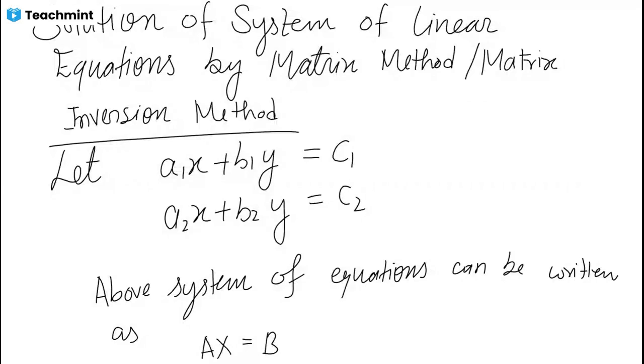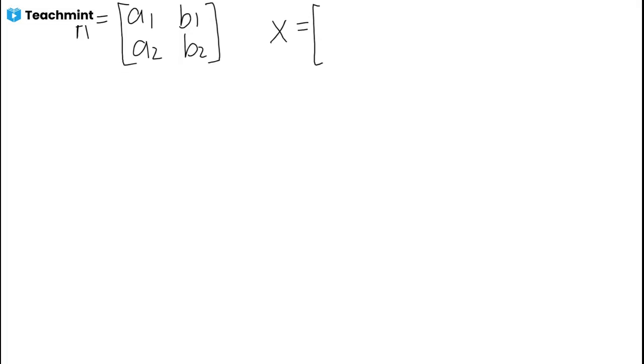The matrix X contains the unknown variables x and y, and matrix B is the right side values c1, c2.